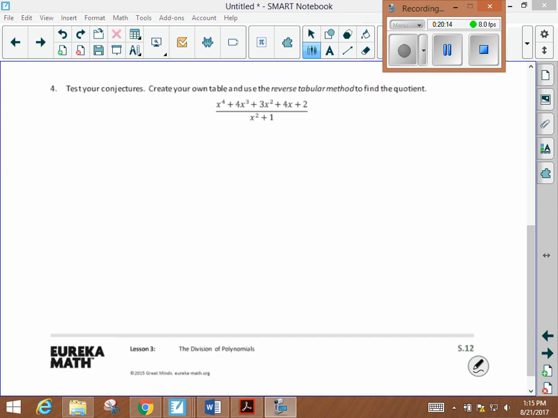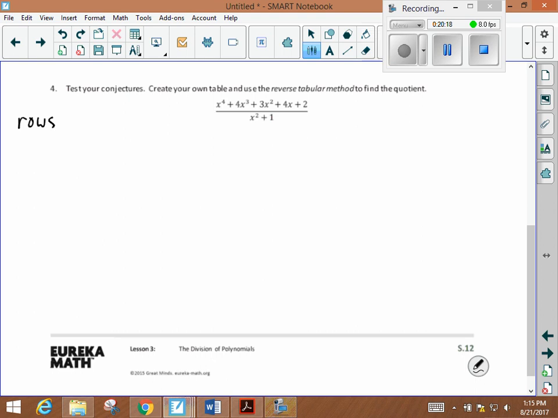Well, it turns out that our rows is going to be equal to the degree of our divisor plus 1. All right? So what's the degree of our divisor? 2. In other words, the degree of our denominator, it's another way to say that in this case.